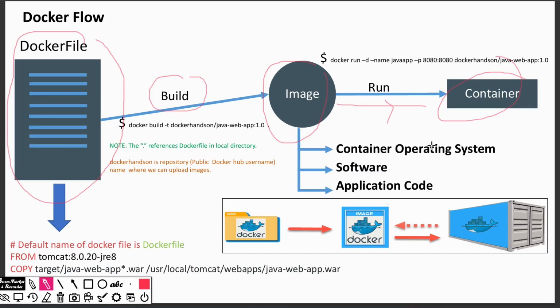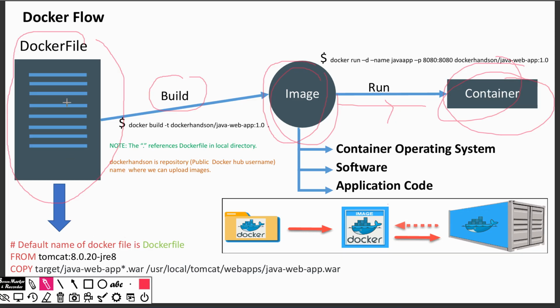Suppose some developer has developed an image, they simply put it in Docker Hub. Instead of developing an image from zero, you can simply pull the image from Docker Hub, and with the help of that image you can run the container. So from the Dockerfile we create the Docker image, and from the Docker image we create the container.